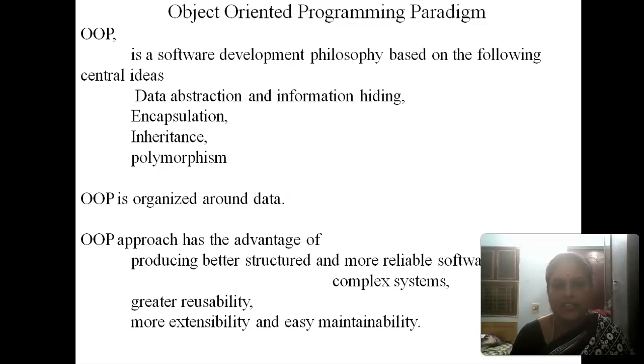Unlike structure-oriented programming, object-oriented programming revolves around data, whereas the structure-oriented language revolves around the code or method of solving a problem. The object-oriented approach has the advantage of producing better structured and more reliable software for complex systems, greater reusability, more extensibility, and easy maintainability.